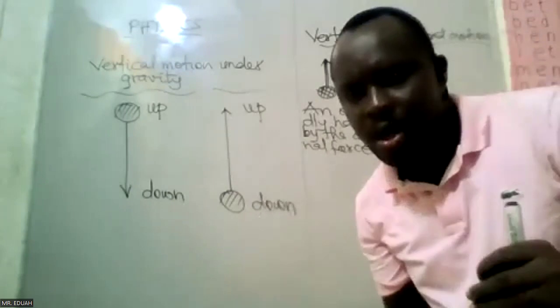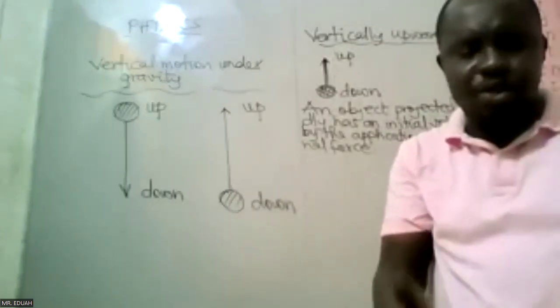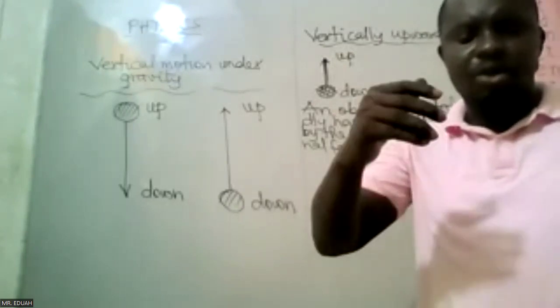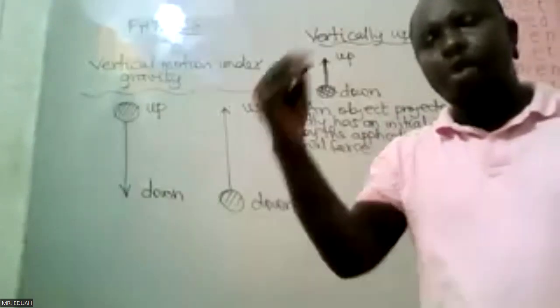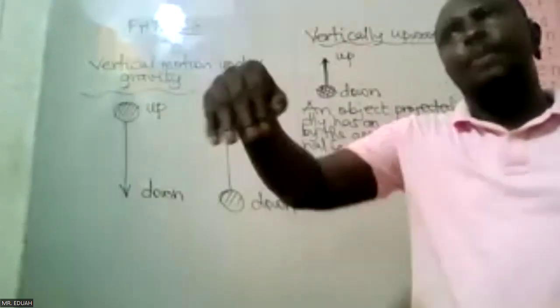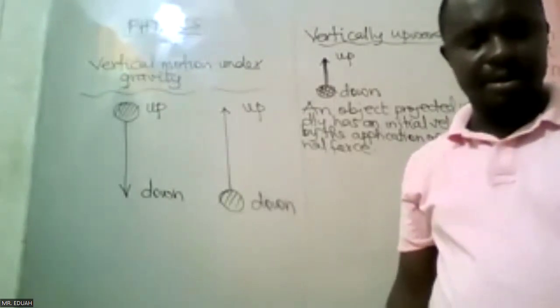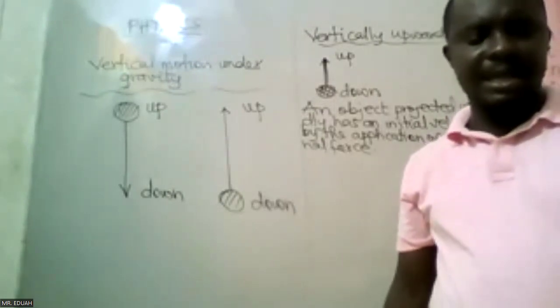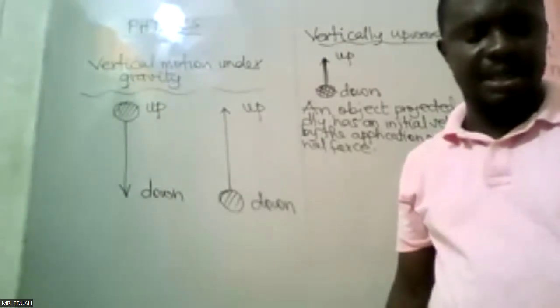Okay, my point of interest is that as the object goes up, what causes its velocity to drop? Or what causes it to stop at a certain height? That's my question.